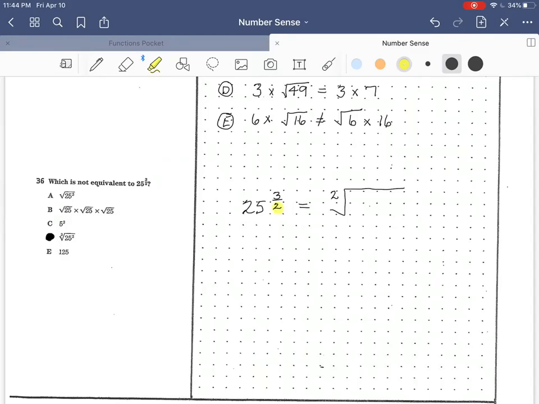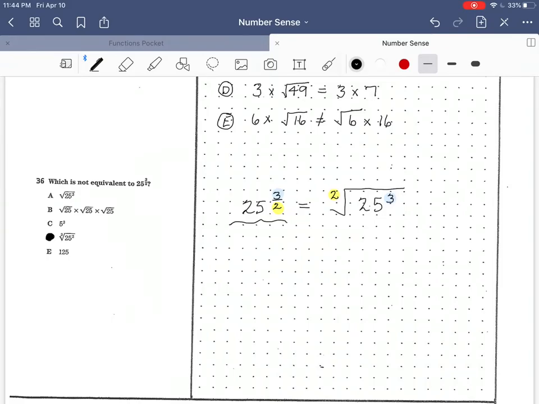So you're taking this and moving it here, and then you are taking the 3 to go as your exponent under the house. So those problems are exactly the same value. And if you work those on your calculator, you will see that they are the same.